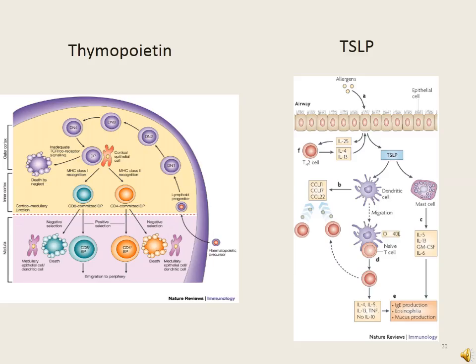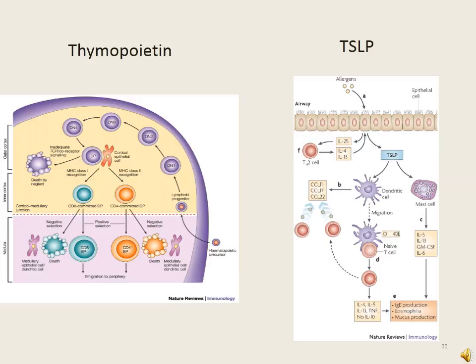This slide shows you further from the previous slide the effect of the thymic hormone. The first example influences T cell development, and you can call it thymopoietin, in the left hand side figure.